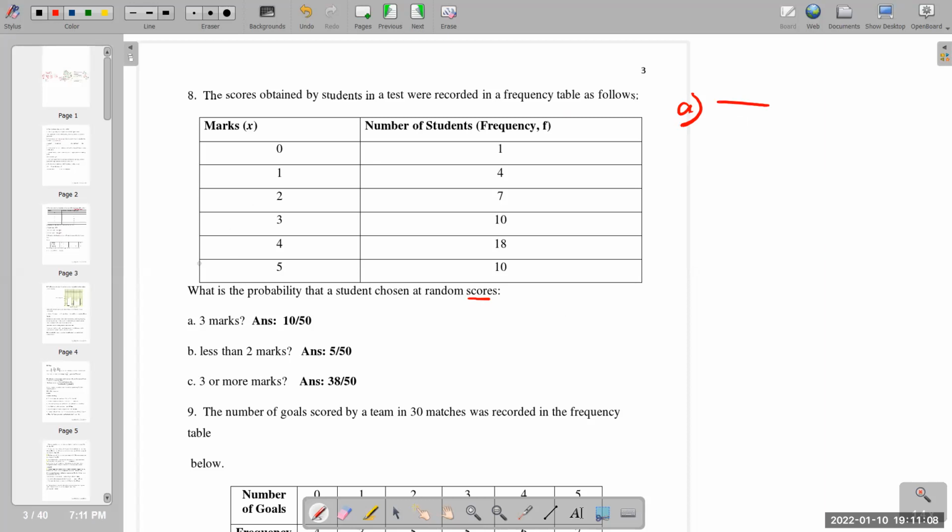They ask us for how many students got 3 marks, but we need to find the denominator. Do I add up this part or this part? Even if you get it wrong, we need to start thinking. So let's go. Left or right? Which one do we need to add up? That's the question.